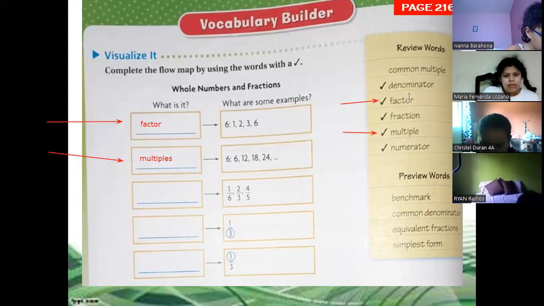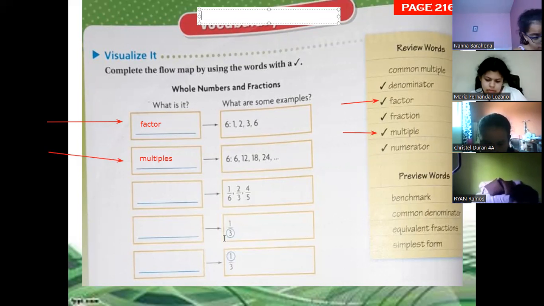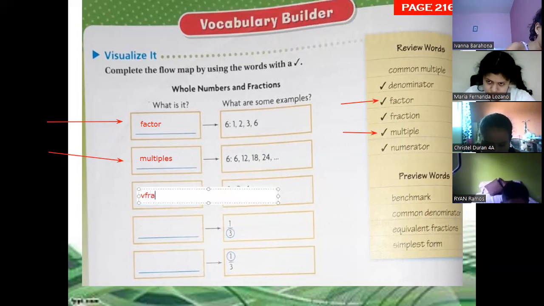Now, what are these? We have fraction, denominator, and numerator. Look at the other exercises. In the other exercises, there is one number in a circle. So here we have 1/6, 2/3, 4/5. They are fractions. Exactly.